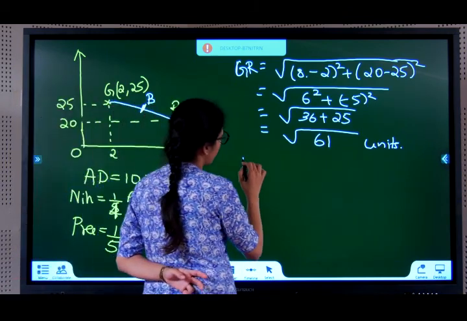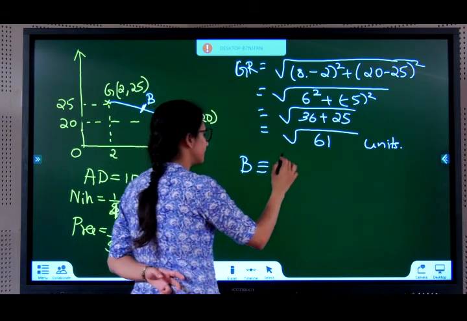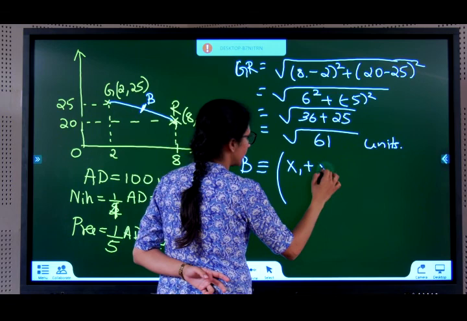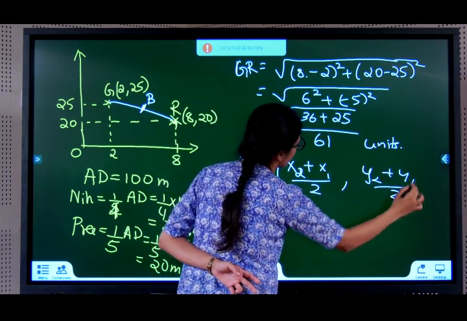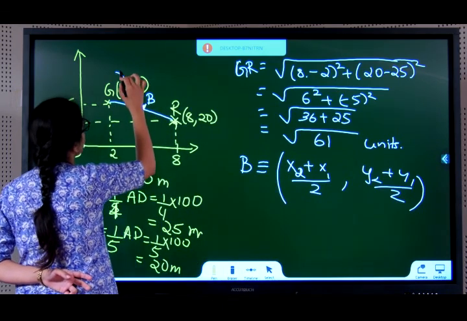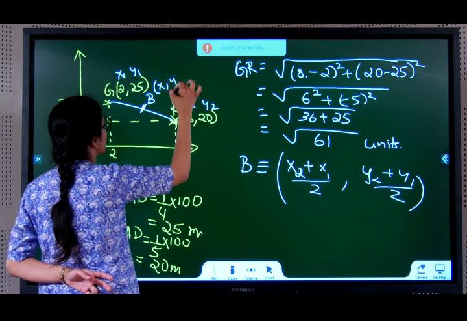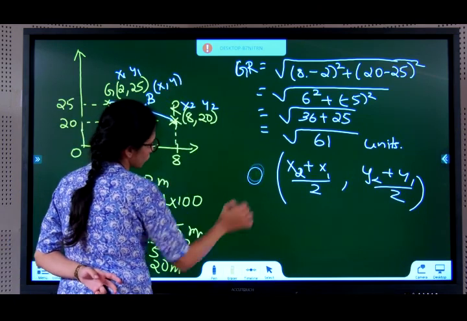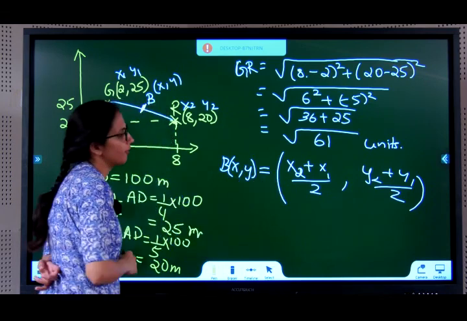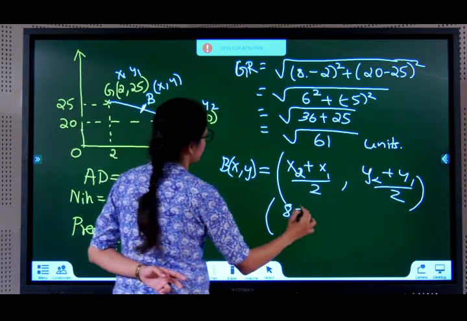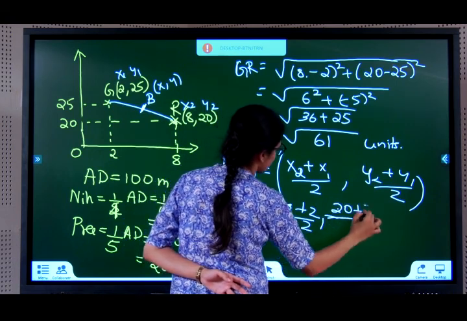So, coordinates of B. You can say the coordinates of B are (x2 plus x1) by 2 and (y2 plus y1) by 2. Let's say this is x1, y1, x2, y2, and this one is x and y, the coordinates of B. I am using the midpoint formula: 8 plus 2 by 2, comma, 20 plus 25 by 2.